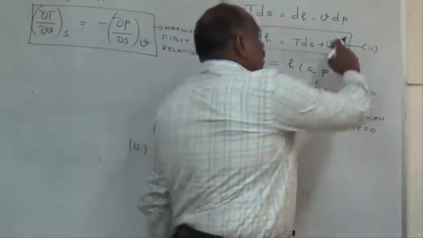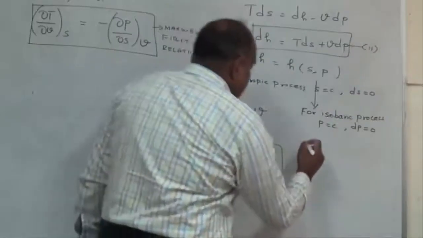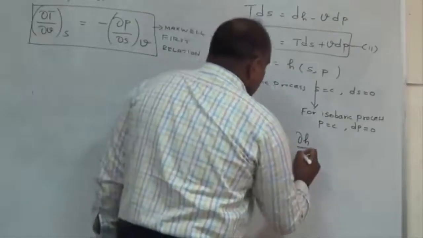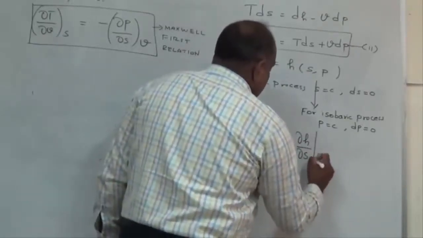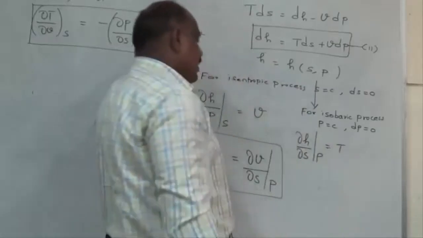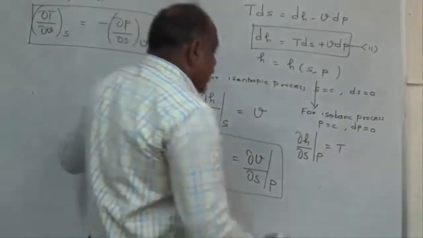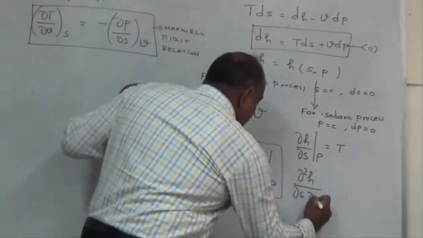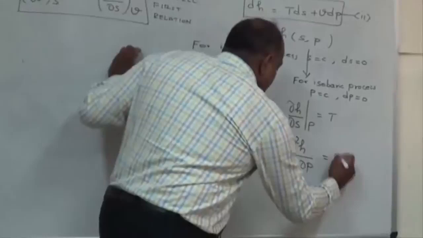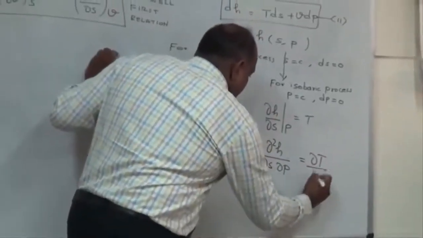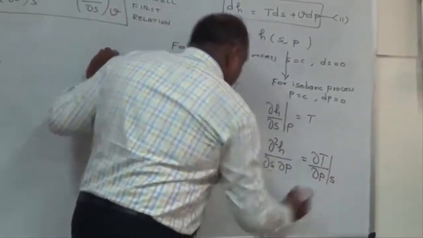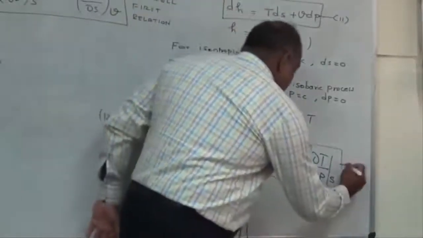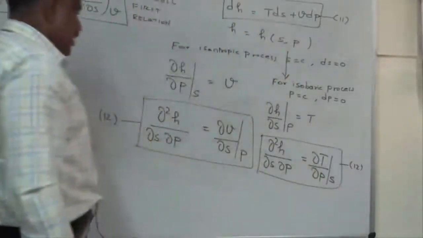So dP equal to 0 means this term will become 0, which implies equation 11 will become ∂H/∂S at constant pressure equal to T. Differentiating once again to get the second order derivative, ∂²H/∂S∂P will be equal to ∂T/∂P at constant entropy. So let us say this is equation number 13.